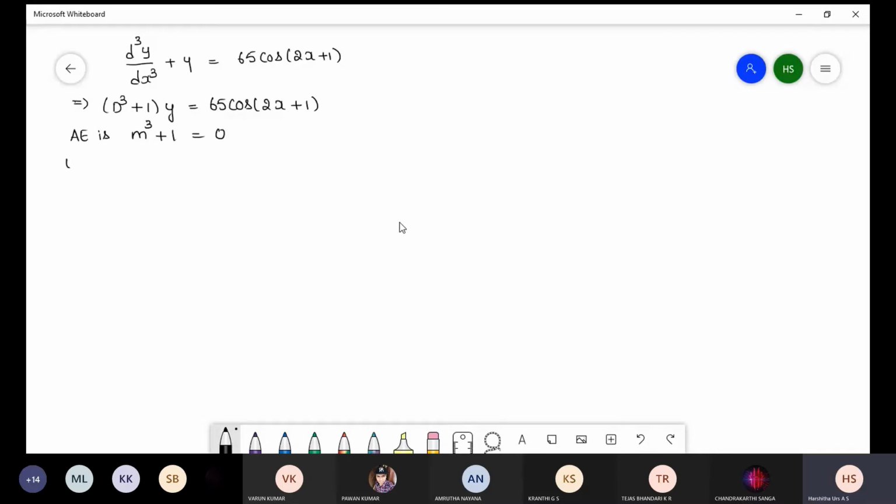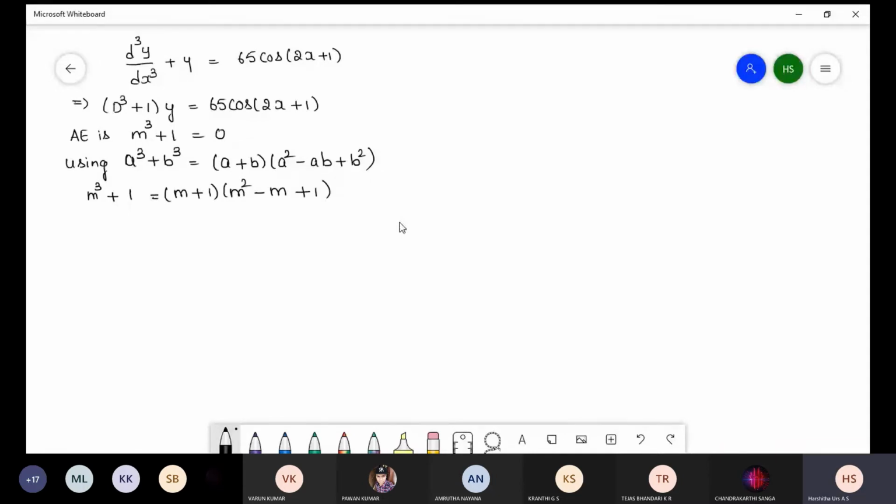Use the formula a cube plus b cube. So a cube plus b cube is equal to (a plus b) into (a square minus ab plus b square). Here in the place of a we have m, in the place of b we have 1. So here (m plus 1) into (m square minus m into 1, that is minus m, plus 1).